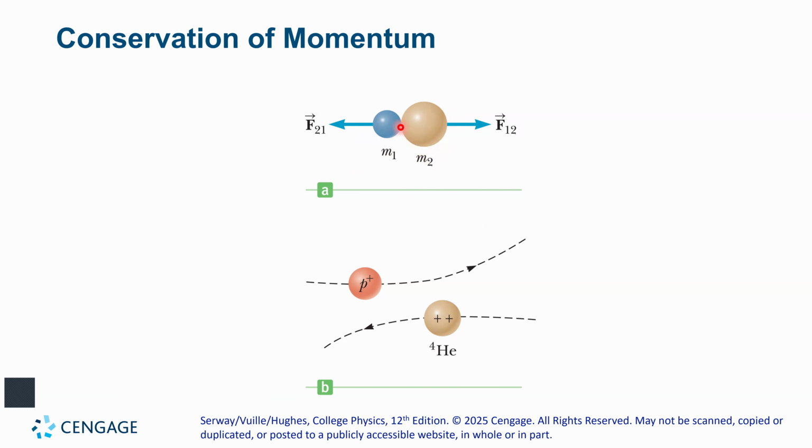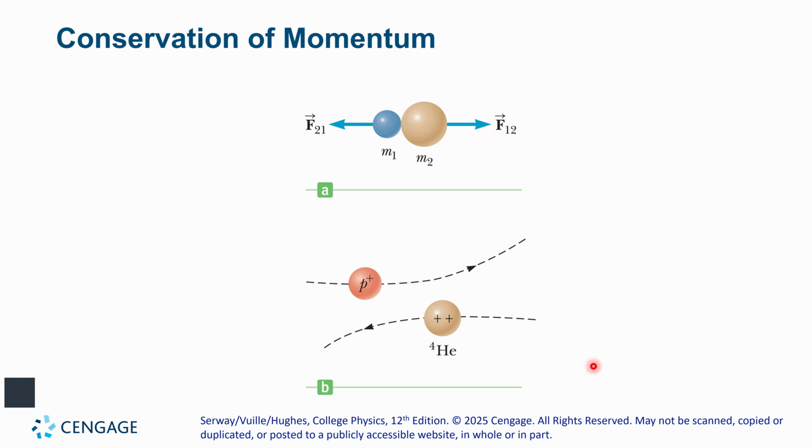We know that two objects in direct contact with each other experience Newton's third law action-reaction pair of forces: the force that the first object applies on the second equals the force that the second applies on the first, but opposite in direction.